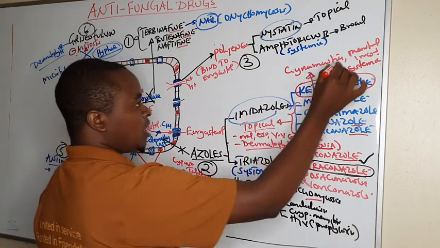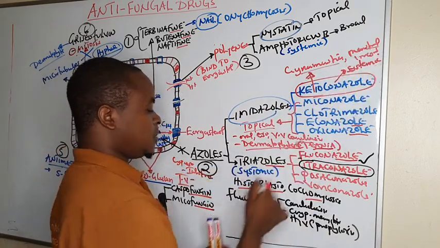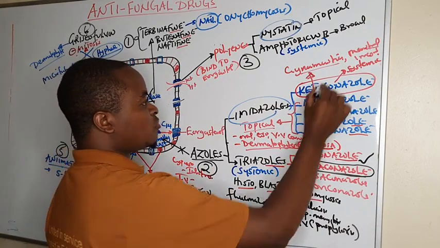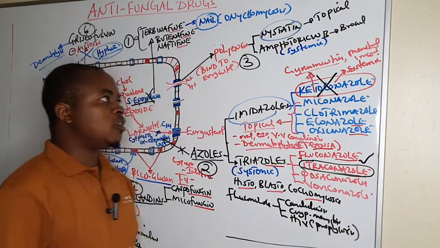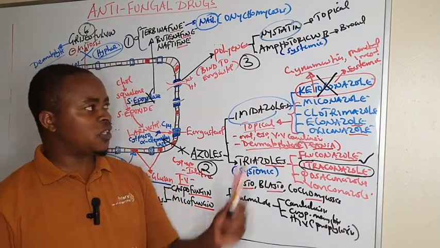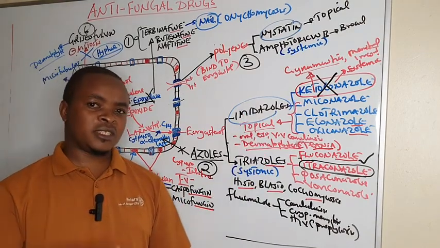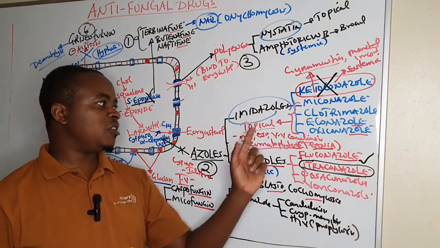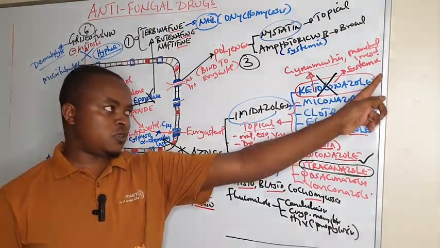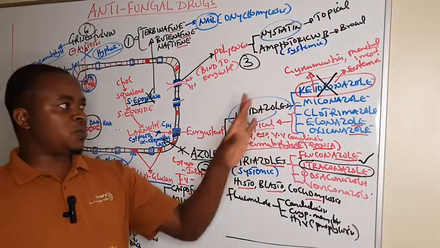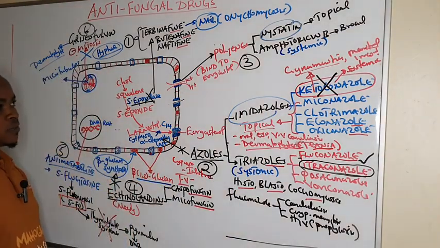So it can cause gynecomastia and menstrual irregularities. That's why most doctors currently no longer prescribe ketoconazole because of its many side effects. So to prevent these side effects, doctors have resorted to other drugs in treating systemic infections. We rather go to fluconazole and other drugs because of ketoconazole's major side effects.